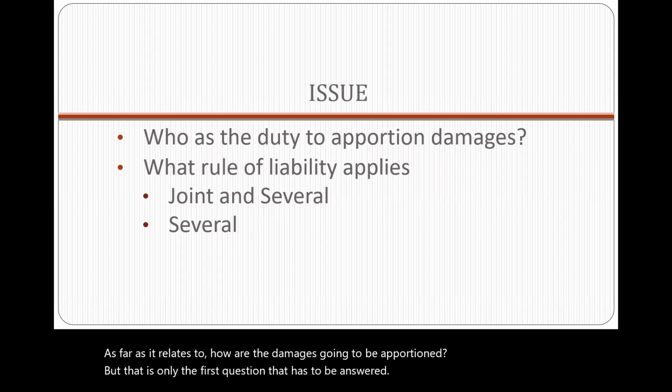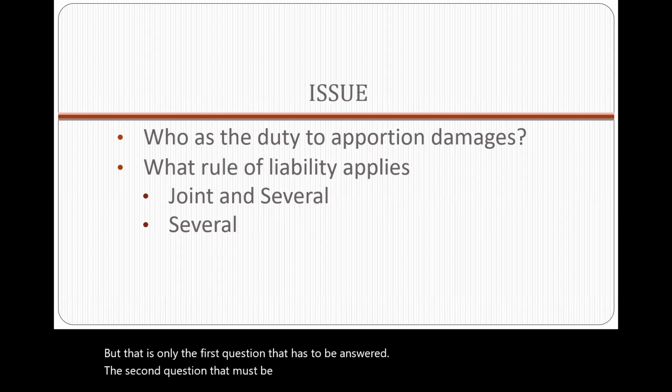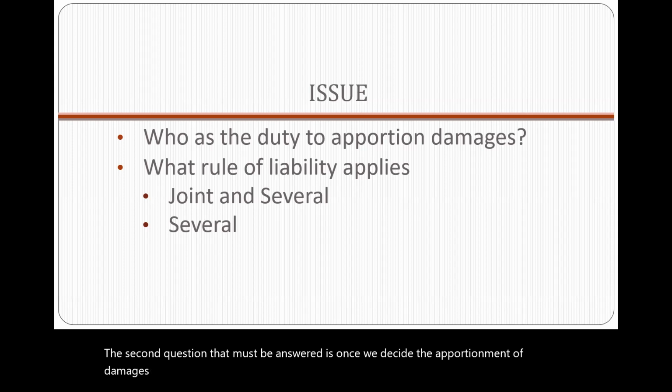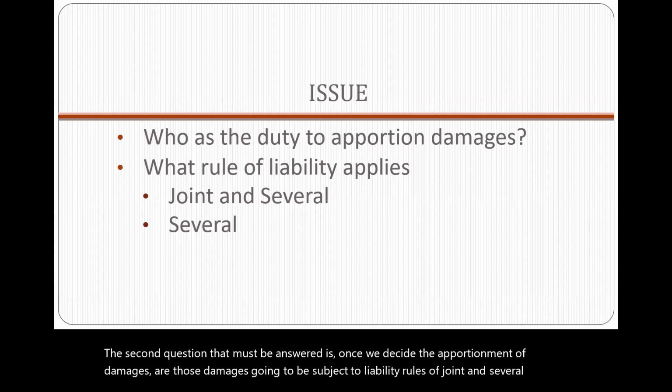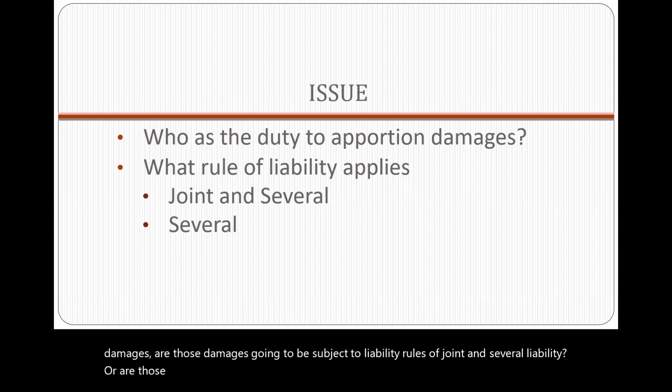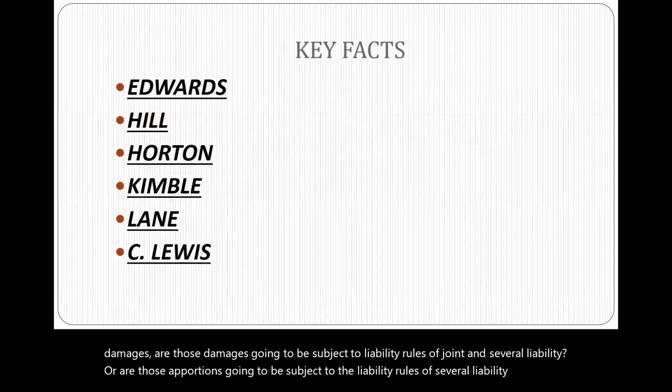The second question is, once we decide the apportionment of damages, are those damages going to be subject to the liability rules of joint and several liability? Or are those apportions going to be subject to the liability rules of several liability?